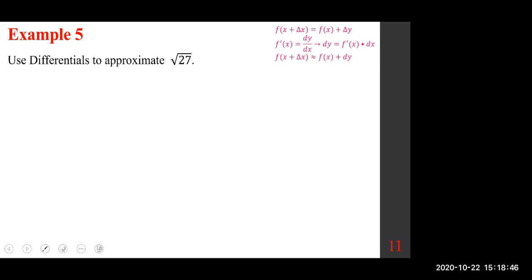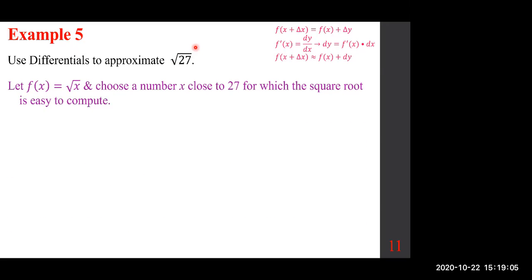So f of x must be, what are we doing? What action? What operation? Square root of 27. So f of x must be square root of x. What number can you think of that is the closest number to 27, and you can take a root easily? Anybody?